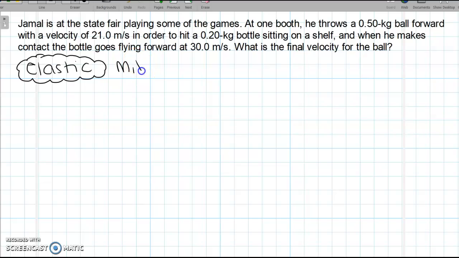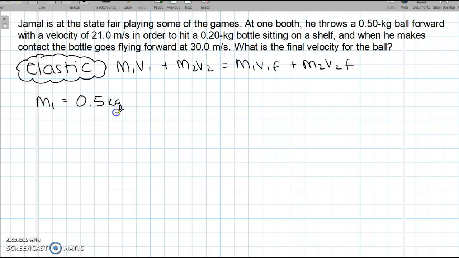So we're going to have M1 V1 plus M2 V2 is equal to M1 V1 final plus M2 V2 final. All right, so our initial momentum has to equal our final momentum. All right, so M1, we're going to say that it's the ball. So 0.5 kilograms, and that is the ball. And it's being flown forward with a velocity of 21 meters per second.